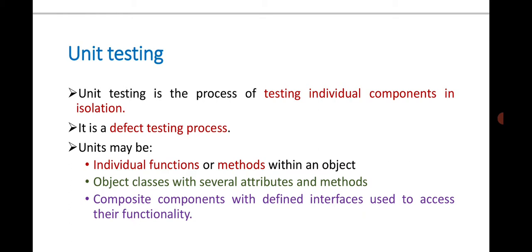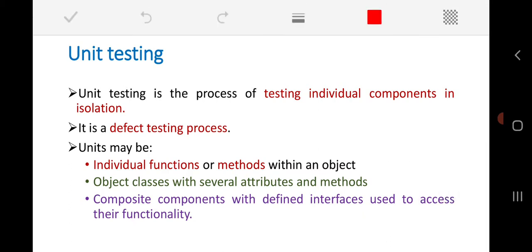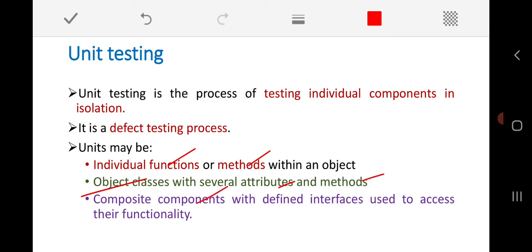The examples for these units may be an individual function, or a method within an object, or even an object class itself with a set of attributes and methods, or a composite component which may consist of more than one object or function, or an independent executable program. That we can call a unit here.